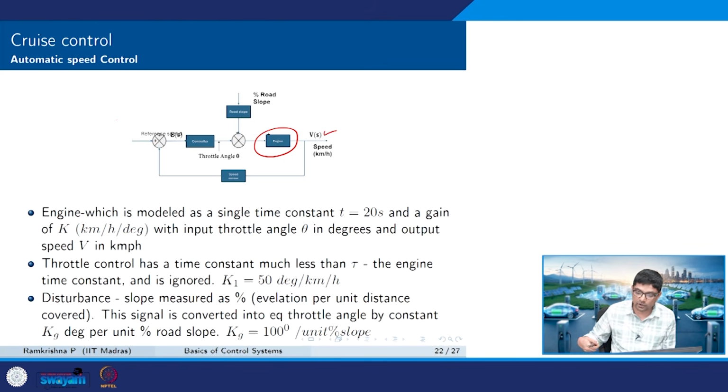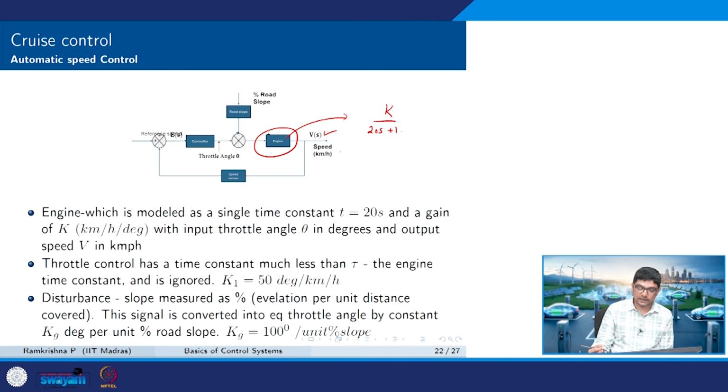So, the engine is modeled as a single time constant system, maybe just like an RC circuit, with a gain k. So, the engine model here is k over tau s plus 1, the time constant is 20. So, I will have 20 s plus 1. Okay. So, the engine takes in the throttle angle as input and gives the speed at the output. Okay.